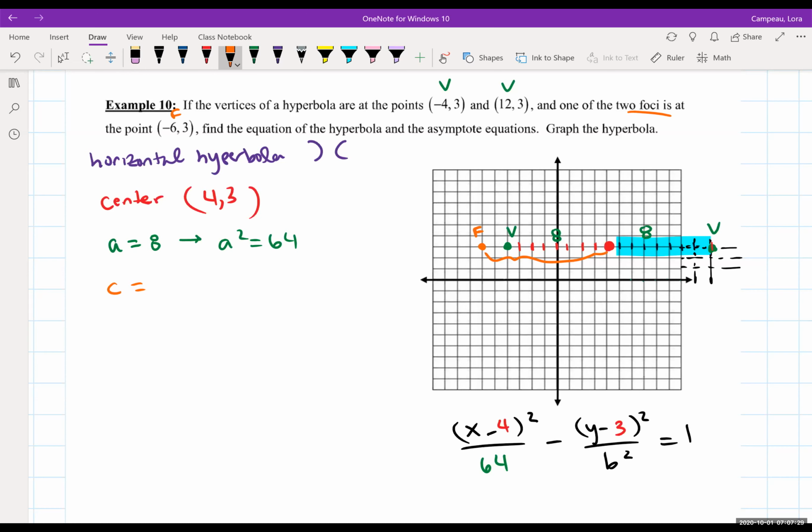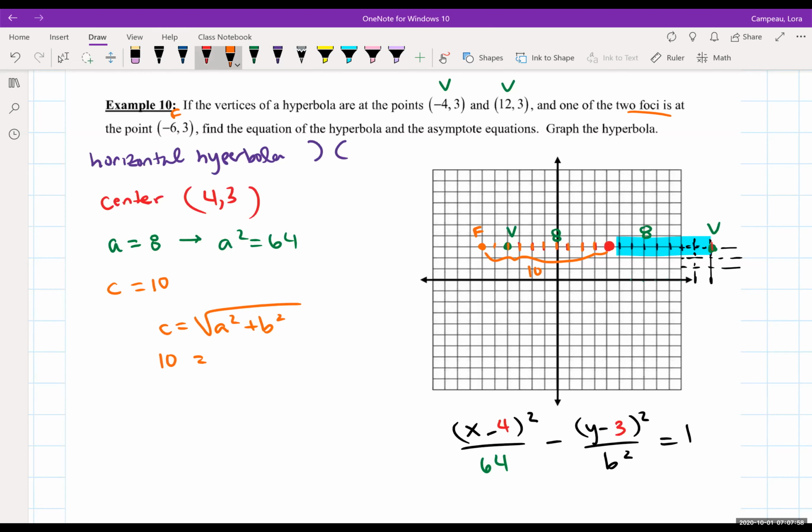So let's count that. 1, 2, 3, 4, 5, 6, 7, 8, 9, 10. Well, look at that. Nice little 10. This is good news, because if you have a and you have c, you have the formula c equals the square root of a squared plus b squared, and we could finally find the b squared. So let's replace the c with the 10.